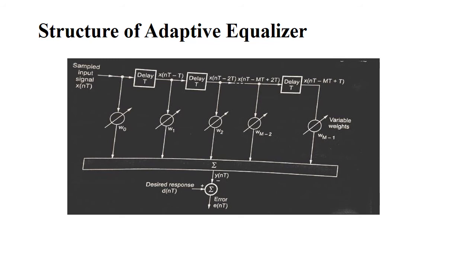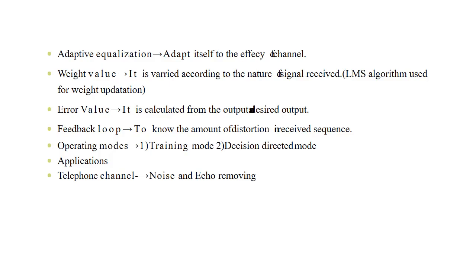Here the adaptive equalizer will contain a set of delay elements and variable multipliers. The sequence x(nT) is applied to the input of the adaptive filter and the output is y(nT). So the adaptive equalizer will adapt itself to the characteristics of the channel. The weight values will be varied according to the nature of the signal received.